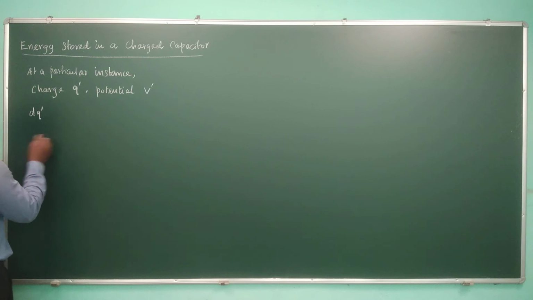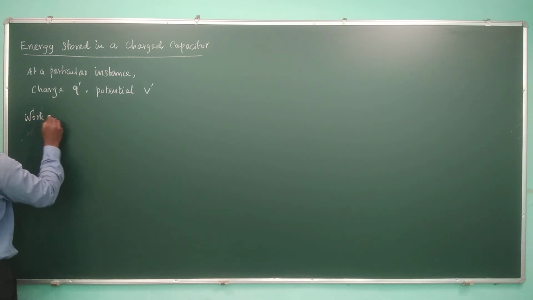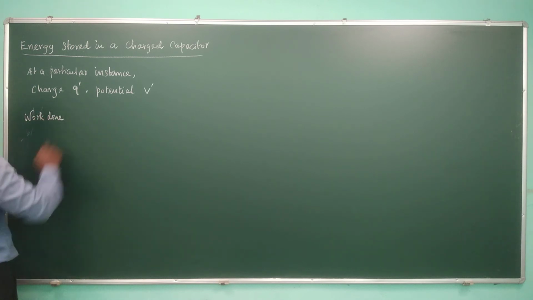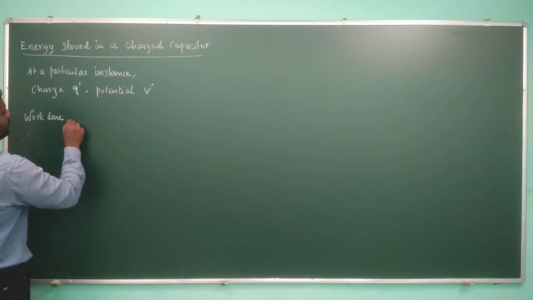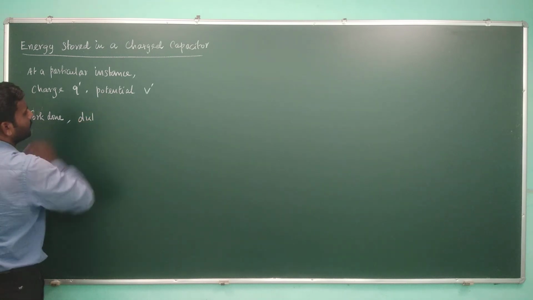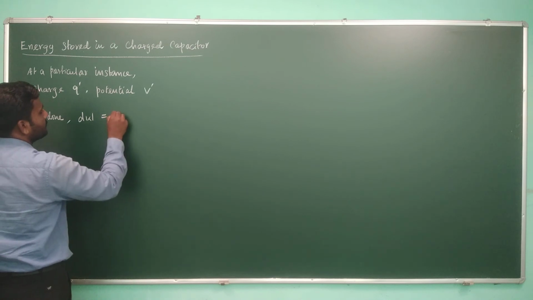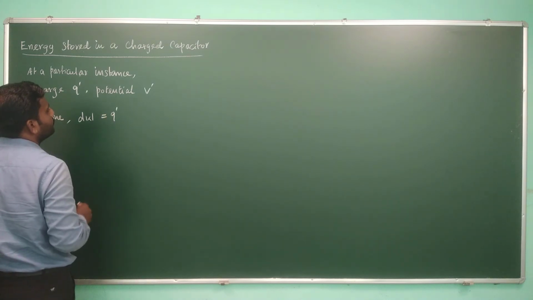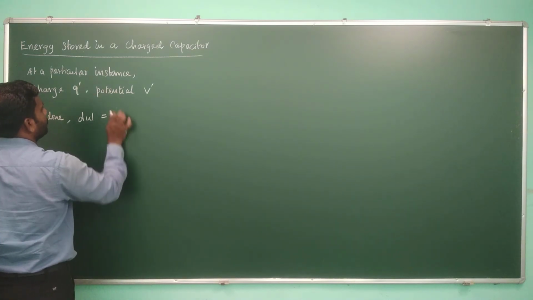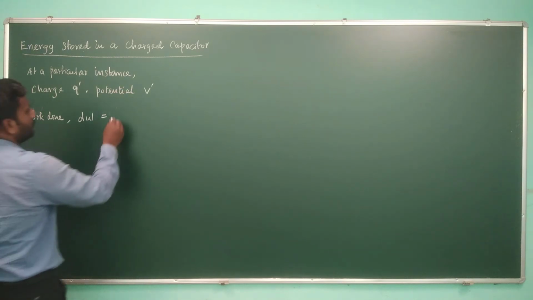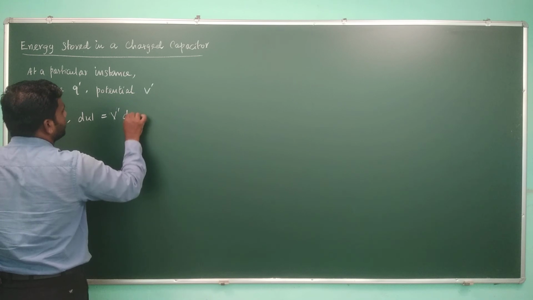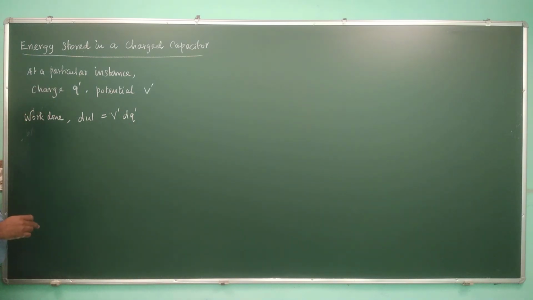For that, we need to do some work. So the work done to increase the charge from Q prime to Q prime plus dq prime, work done becomes dW, that is V prime into dq prime.